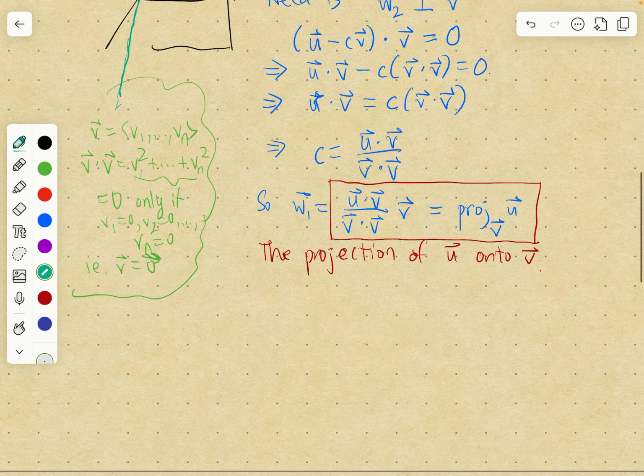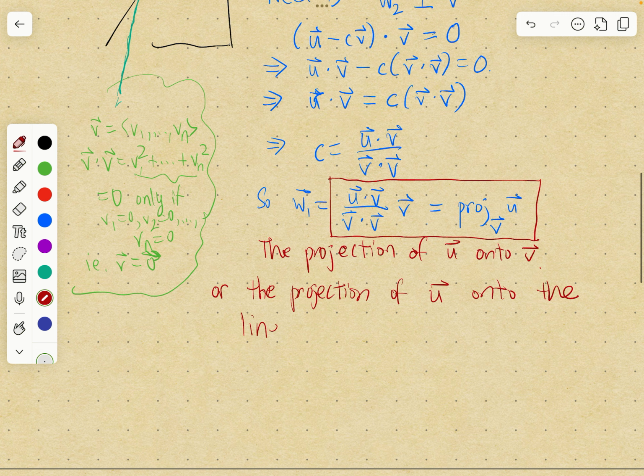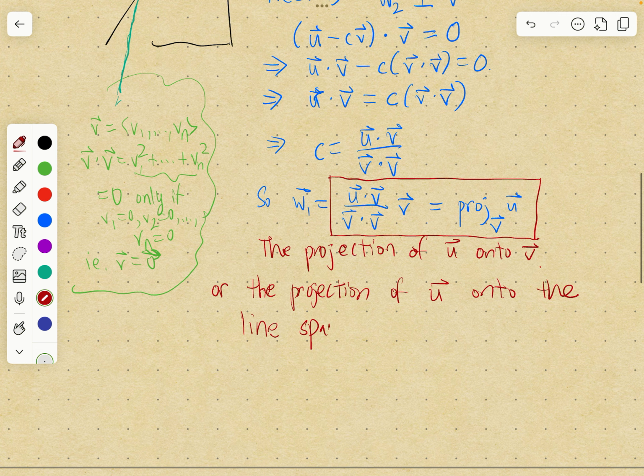So actually, it's probably better to call it the projection of U onto the line through V, or the line spanned by V. And the projection of U onto the line spanned by V, that's what this is.